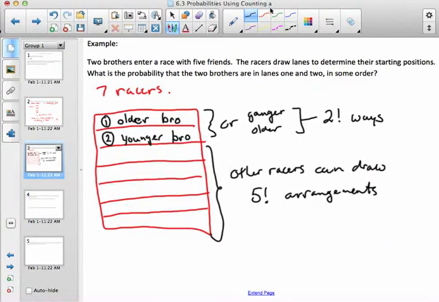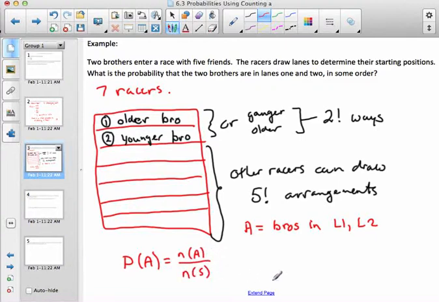Okay? So if we look at the event A as being the brothers in lane 1 and lane 2, then the probability of the brothers being in lane 1 and lane 2 is equal to the number of ways that the brothers will be in lane 1 and lane 2 divided by the number of ways that the 7 racers can order themselves at all, in any arrangement.